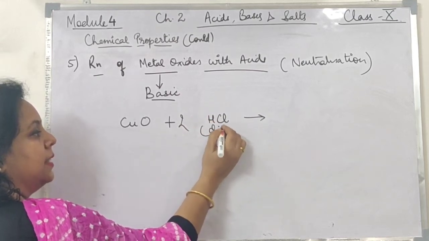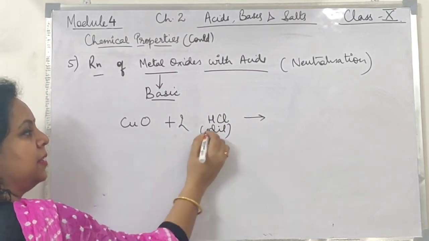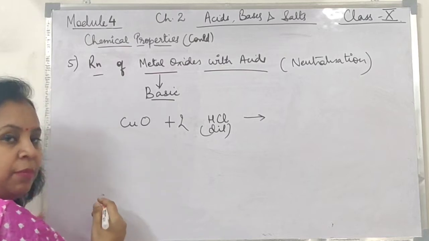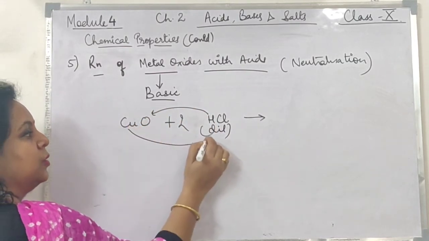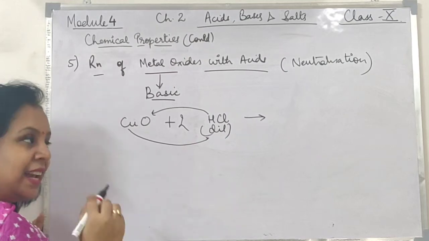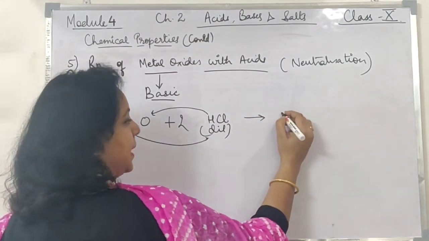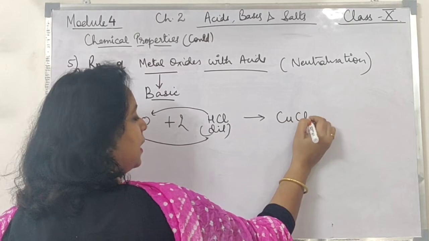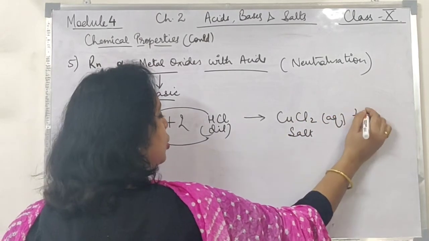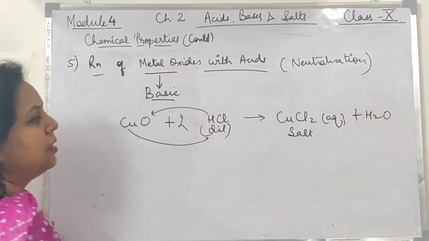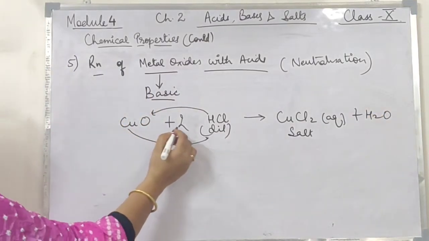I'll put it like this. What is happening over here? This is coming here, this is going here. Yes, this is also a double displacement reaction, and salt and water will be formed.